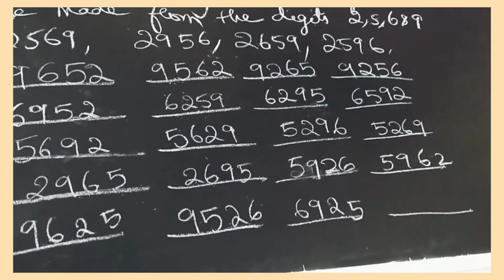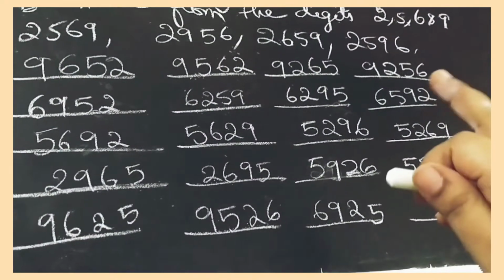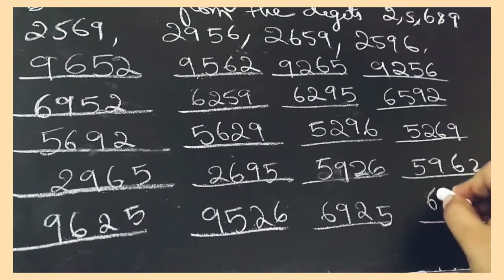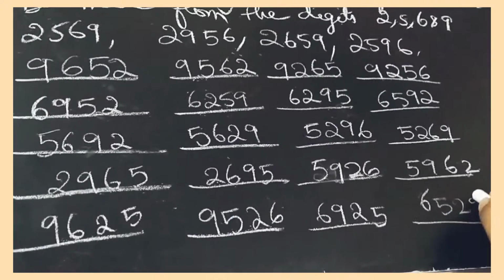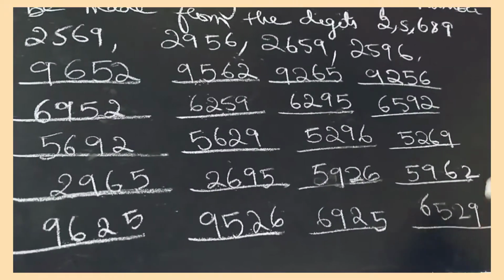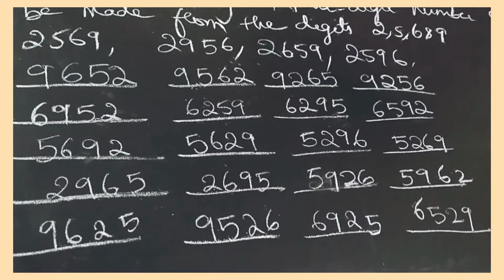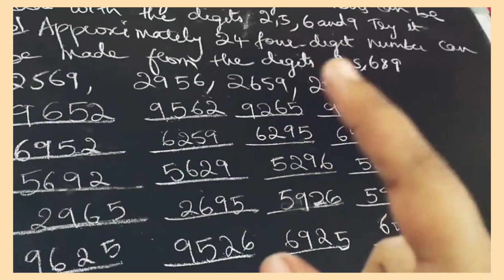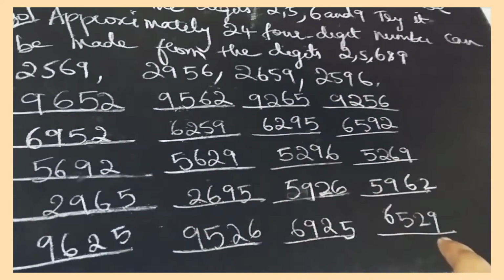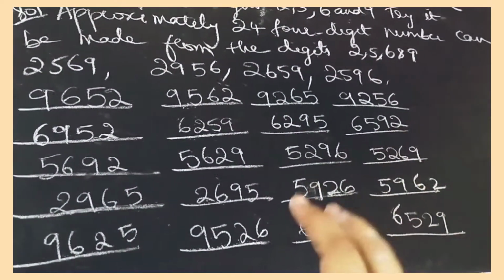Okay, so here 6 5 9 2 is there. 2 9 6 5. So here are the numbers made with these 4 digits 2 5 6 9. Okay, you can write with your own also.